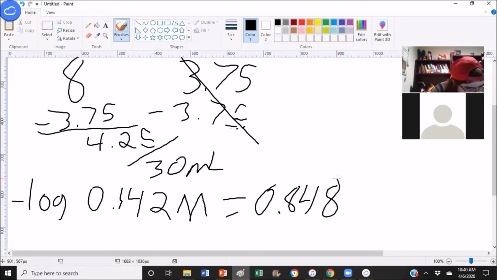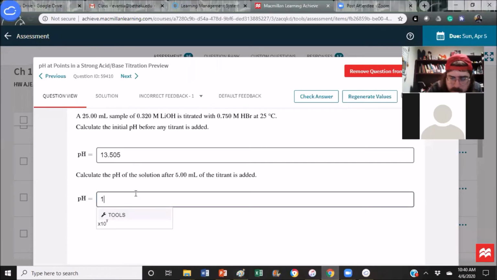Now that's pOH. So 14 minus that gives us 13.152. So that's the answer to number 4, at least on my problem. 13.152.